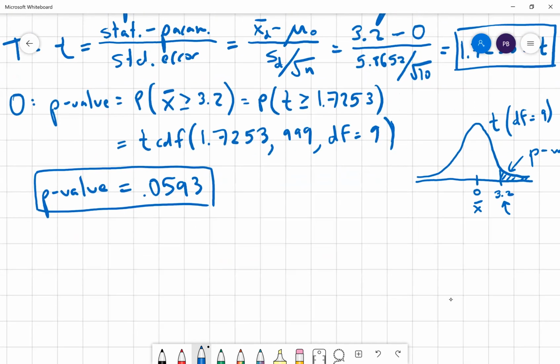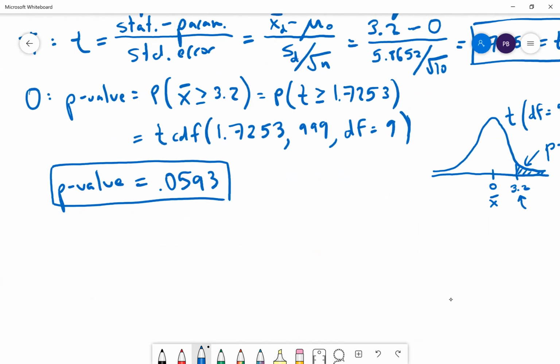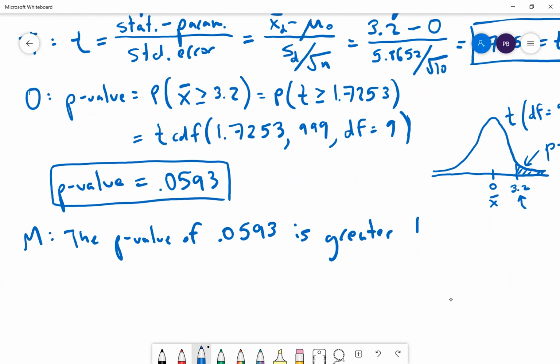Okay, so then I'm ready for the conclusion. That's where we make a decision. So we need to compare the p-value to the significance level. Remember, our significance level was 0.05. So the p-value of 0.0593 is greater than alpha equals 0.05.